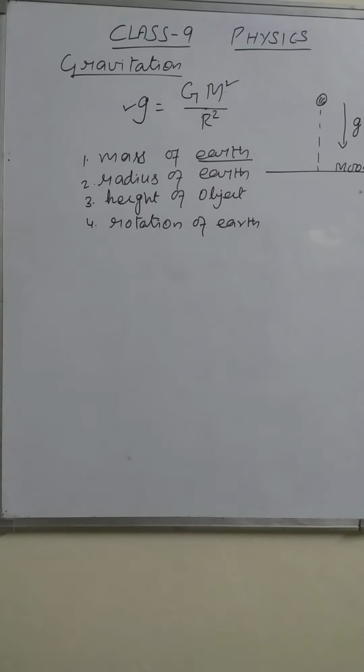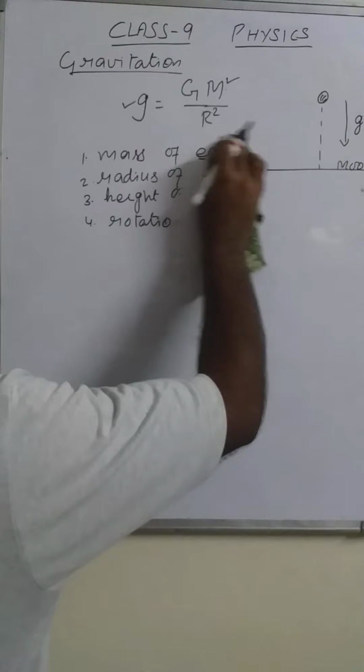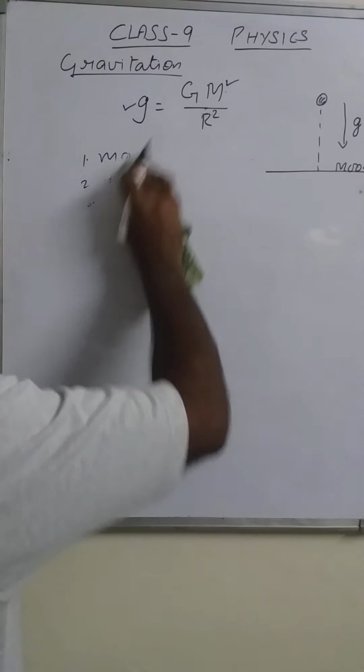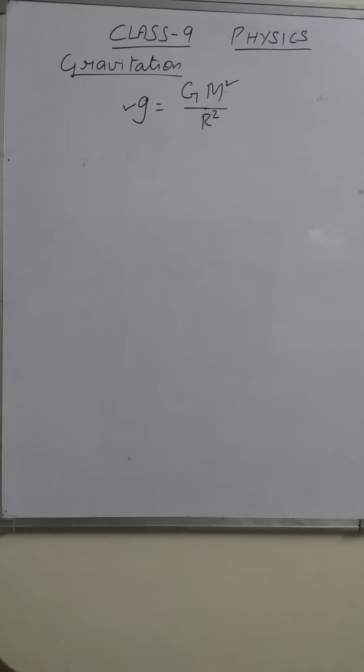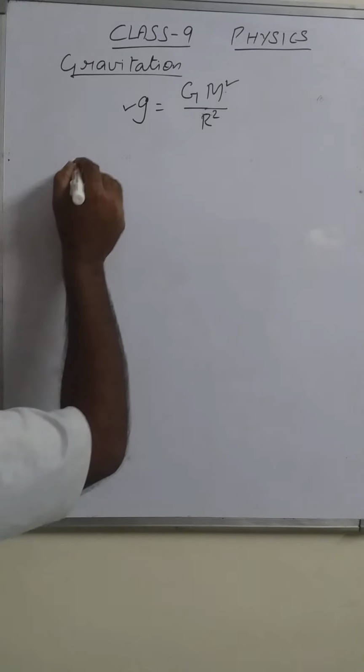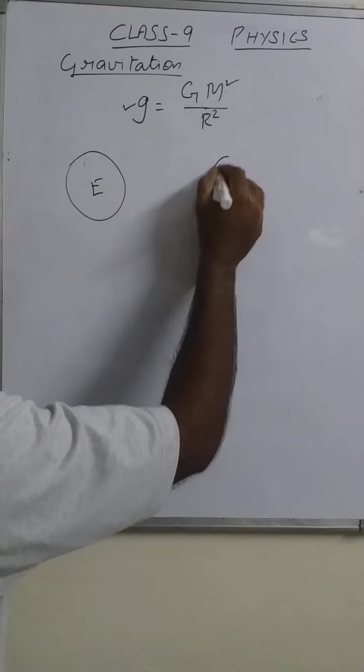For this we can find the relation: how many times the acceleration due to gravity on the earth surface is compared with the acceleration due to gravity of the object on the moon surface. Suppose this is the earth and moon.